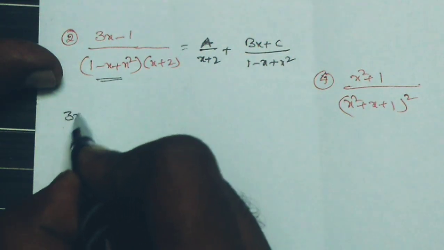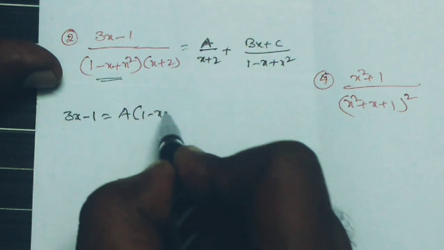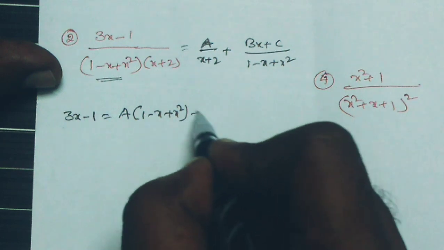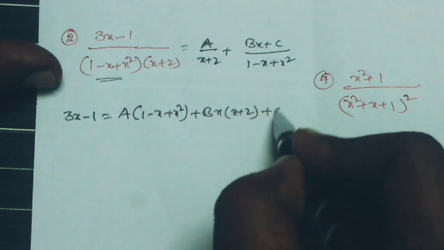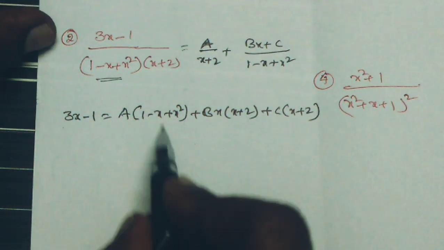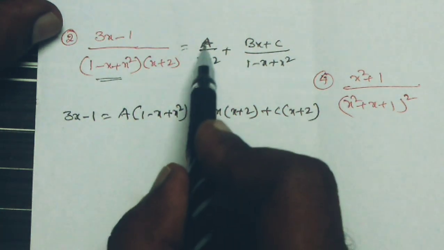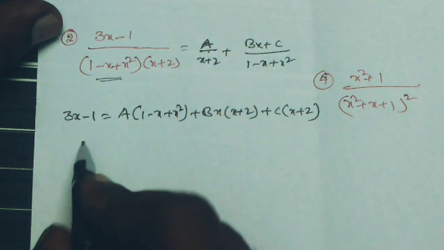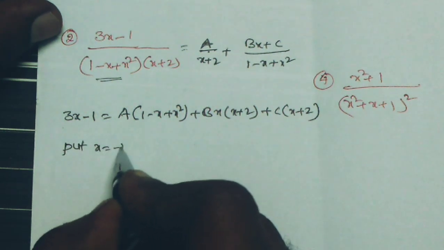3x − 1 = a(1 − x + x²) + bx(x + 2) + c(x + 2). So now the same process as that of the previous problem. In order to calculate the value of a, put x = −2.